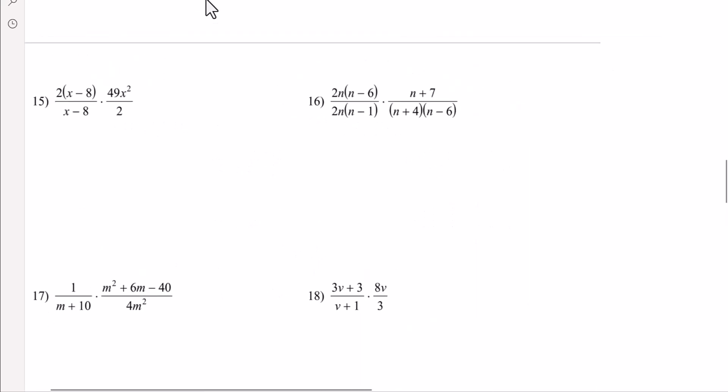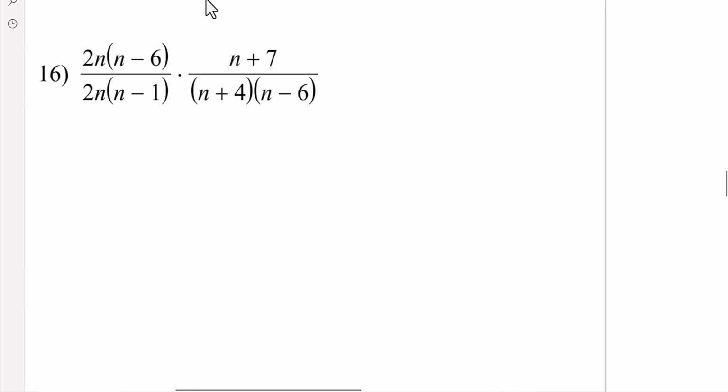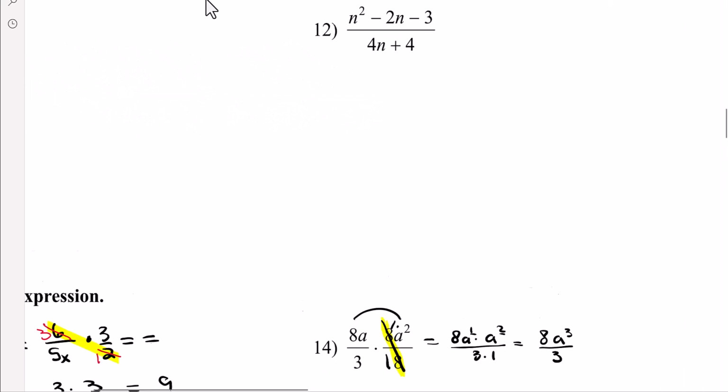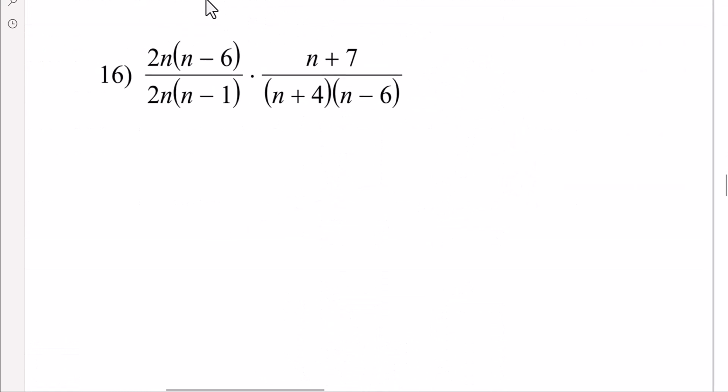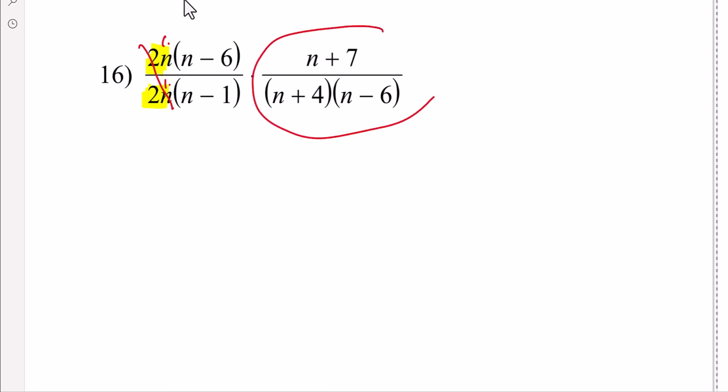Now let's go down to number 16. Okay, so first, let's focus vertically. That's pretty easy. The 2 n's cancel, leaving an invisible 1 there, invisible 1 there. And then let's see if there's anything over here that can cancel vertically.